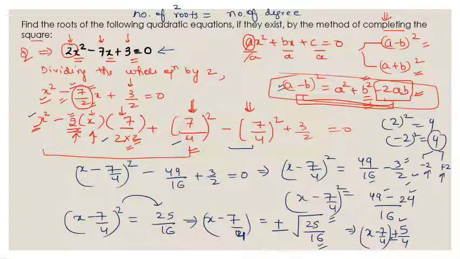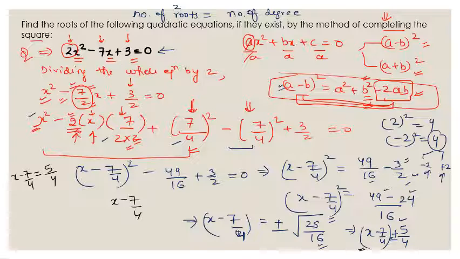Now, one, you can have x minus 7 by 4 as plus 5 by 4, correct? Let me remove this bit so as to have some space. Okay, and the other, what you have, x minus 7 by 4 equals minus 5 by 4, correct?